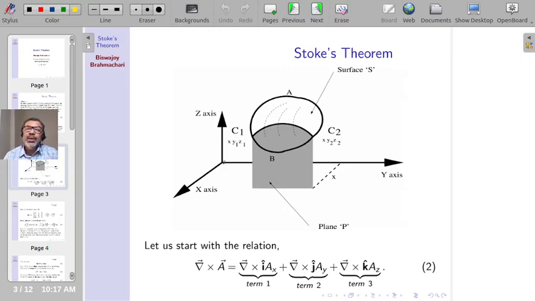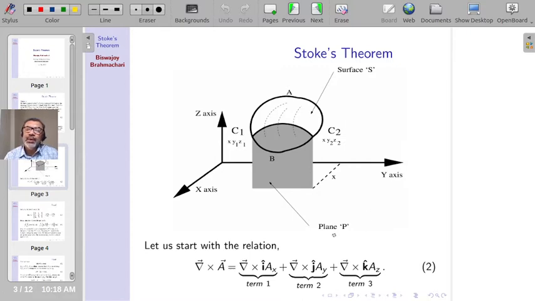So here we take a 3-dimensional coordinate system x, y, z, and our curve is this curve A, C1, B, C2. This is a closed curve. And there is a surface S which is enclosed by the closed curve.